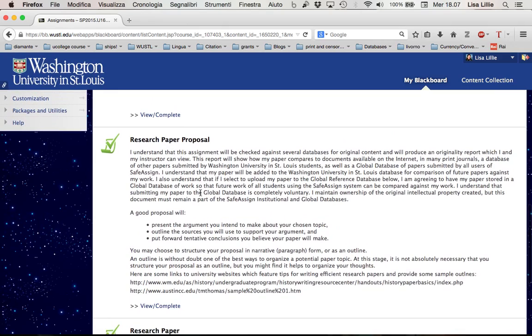The research paper proposal is not graded. The idea is for you to outline what you'd like to write your paper about, and then I will provide feedback and guidance. It can take the form of an outline or it can have a narrative form. And there's some more information here about crafting that proposal, how to go about it.